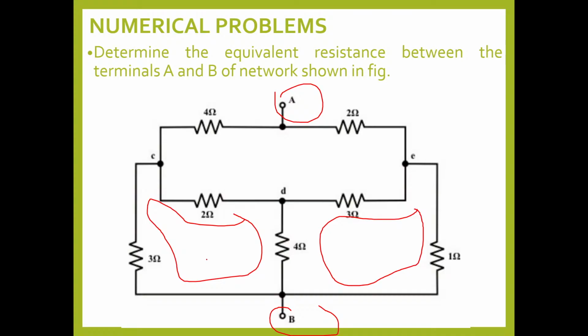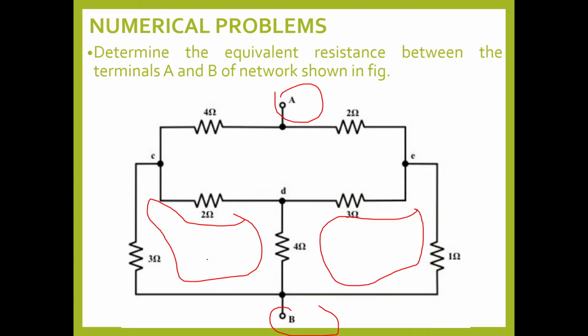Sometimes, if elements are connected in star or delta connection form, it becomes harder to simplify the circuit. So you must know the star delta conversion, otherwise you won't be able to simplify the given circuits.